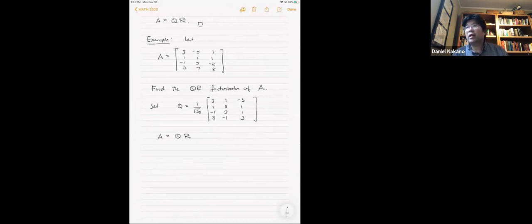Now, what I'd like to do is find out what R is. So how do we find R? Is there something we know about Q? Do we know what the inverse of Q looks like? Remember, Q has orthonormal columns.